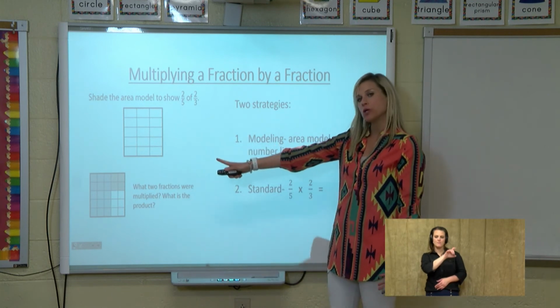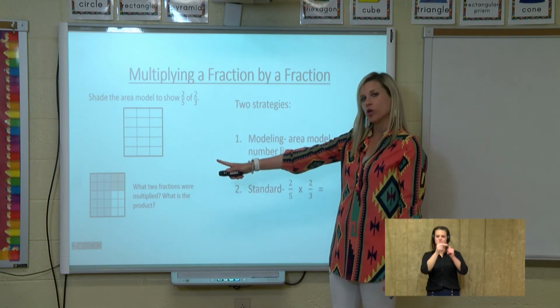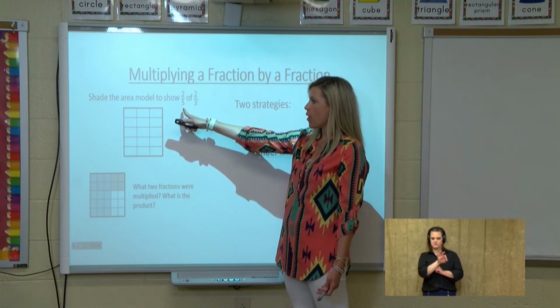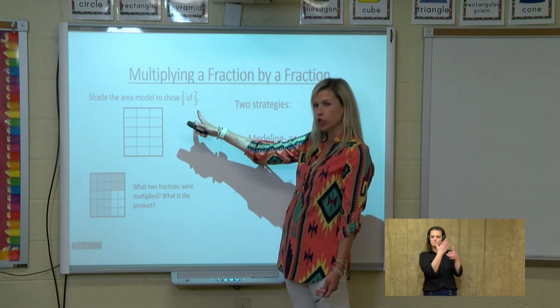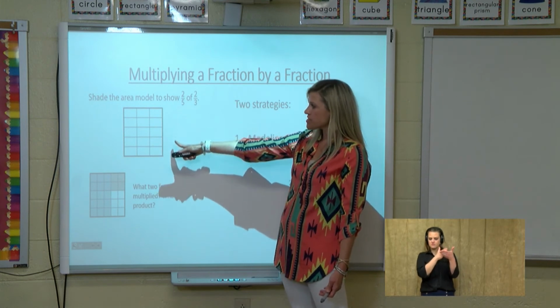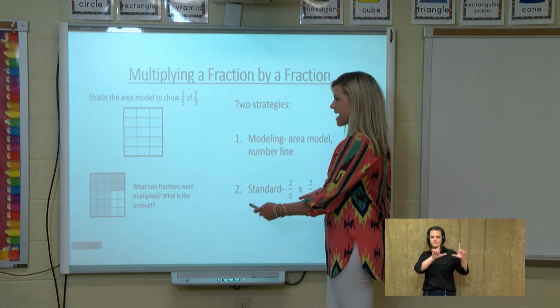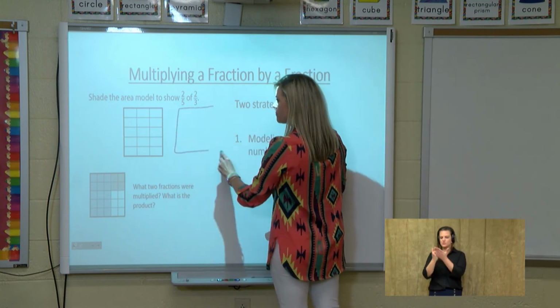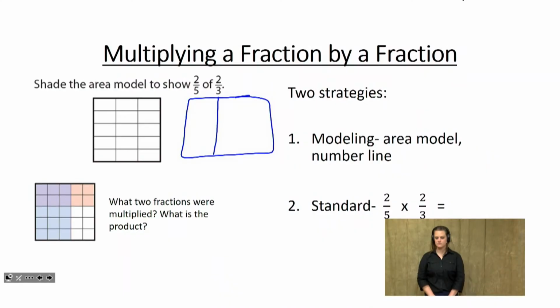I always build my area model based on the second fraction because this is the part of what I'm looking at. So I built this area model, and the first thing I did, I'm going to draw it and then I'll erase it. But here's my model, and I broke it into thirds. Do you see right here?